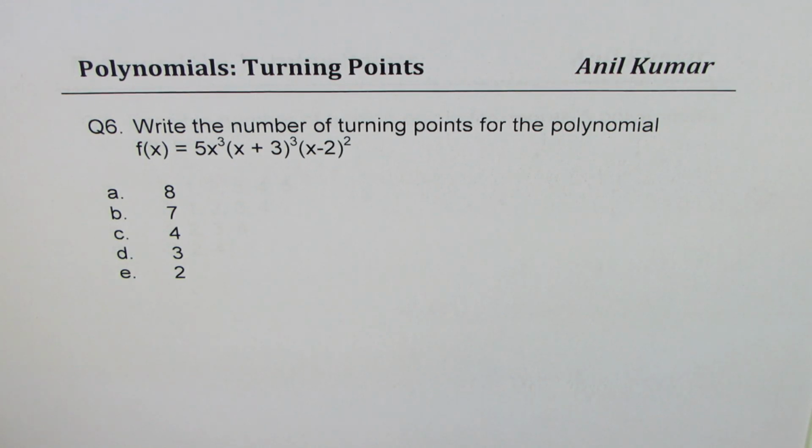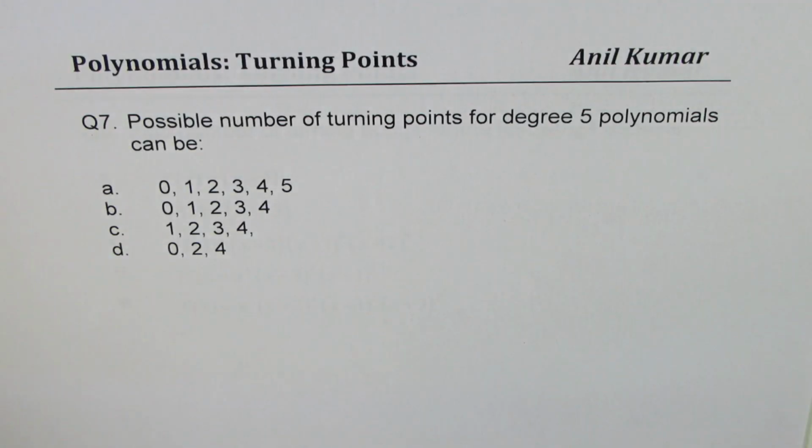Question number 6 is very similar. Write the number of turning points for the polynomial f of x equals 5x cubed times (x plus 3) whole cube times (x minus 2) whole square.